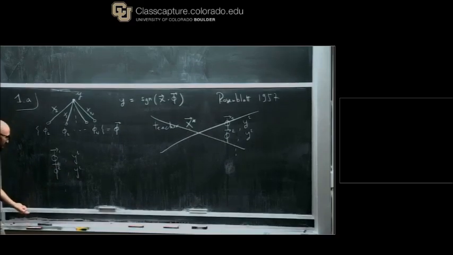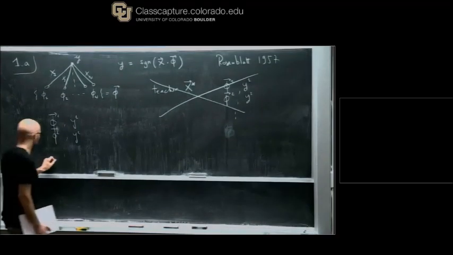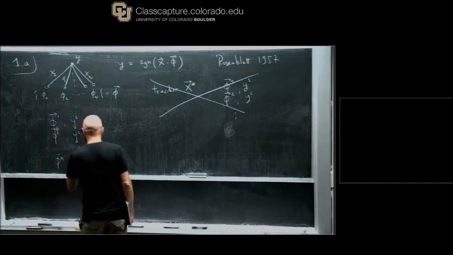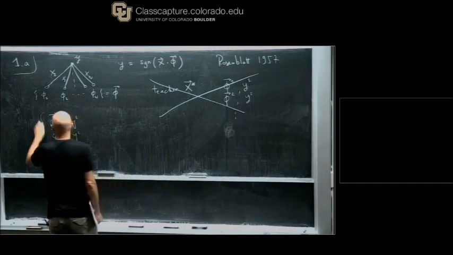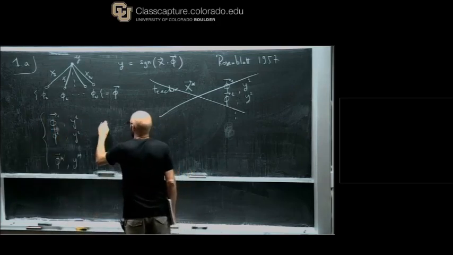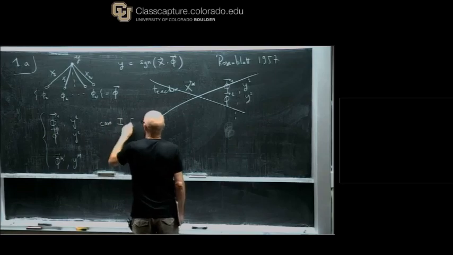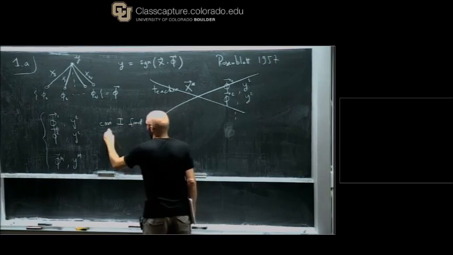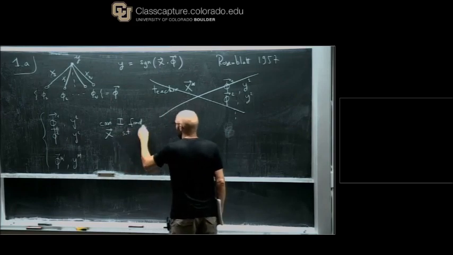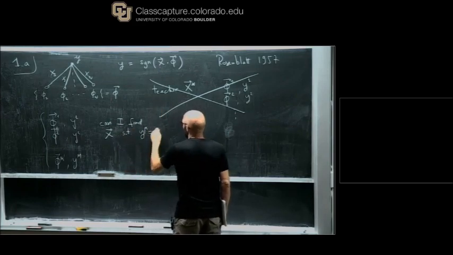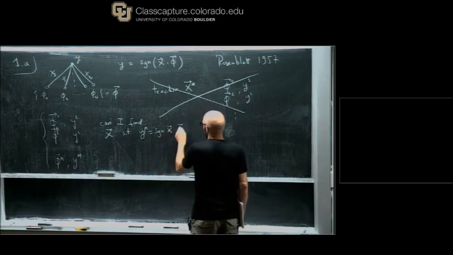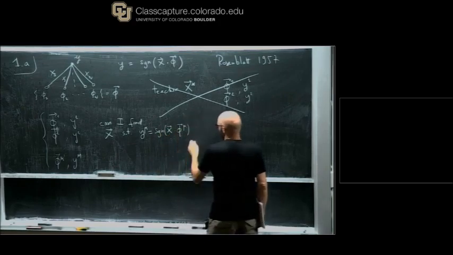And I have a certain number of them. I have m of them, okay? And the question is, can I find some vector x such that y is equal to sine of x dot phi for all of them?